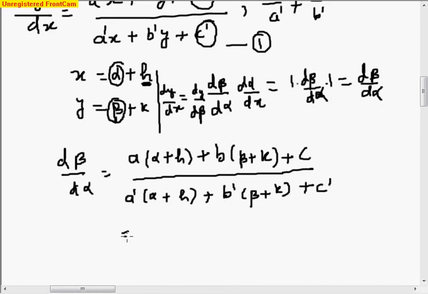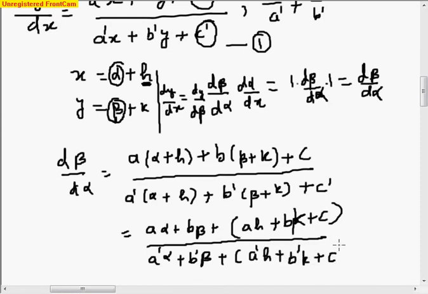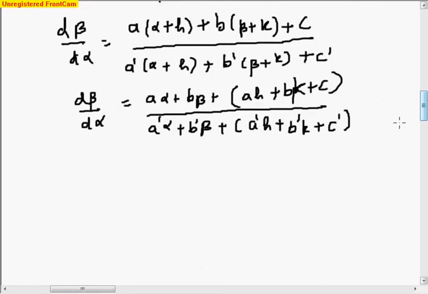So this is a alpha plus b beta plus a h plus b k plus c, upon a dash alpha plus b dash beta plus a dash h plus b dash k plus c dash. We have not yet chosen the values of h and k.